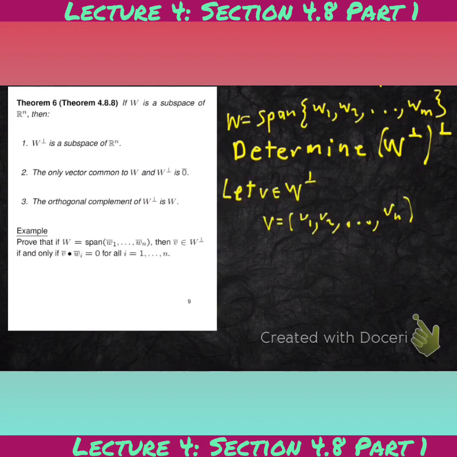All right, so how do we do this? We want to find all the vectors that are orthogonal to every vector in that indicated set. How we do that is, you pick a vector V from that set, and then we find all the vectors that are orthogonal to V. So V is just an arbitrary vector from that set.